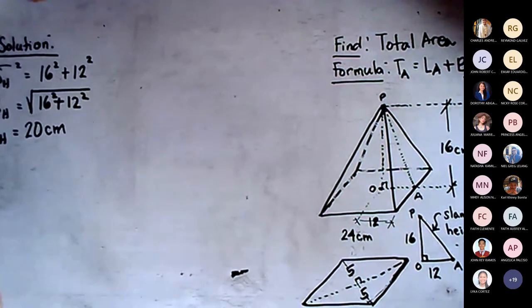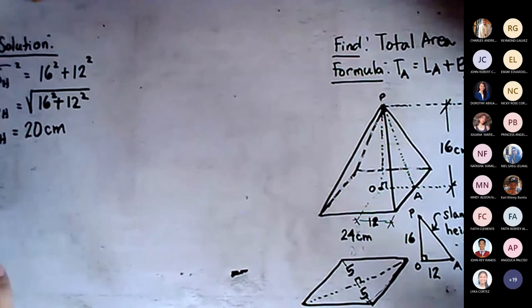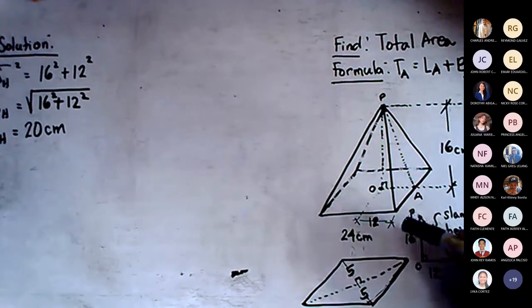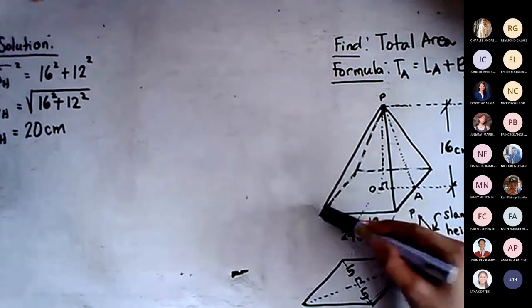Okay. So after determining the slant height, can we now determine the perimeter of the base? How do we determine the perimeter of the base? You've got 1, 2, 3, 4.